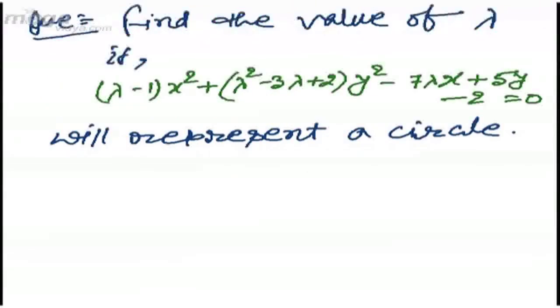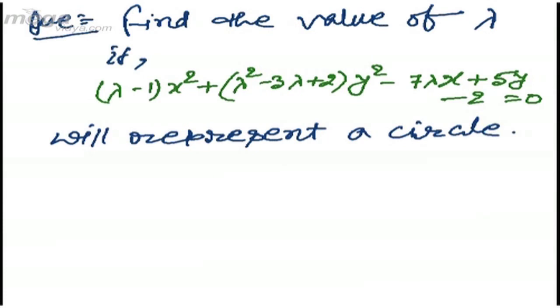See here, you are getting two values, lambda equal to 1 and lambda equal to 3. If you put lambda equal to 1 in the given equation, what will you get? The coefficient of x square is 0. Again, you will get the coefficient of y square is also 0, 1 square minus 3 into 1 plus 2.